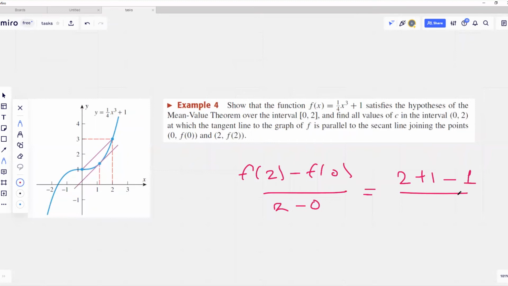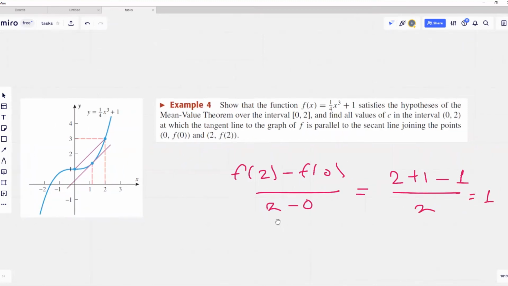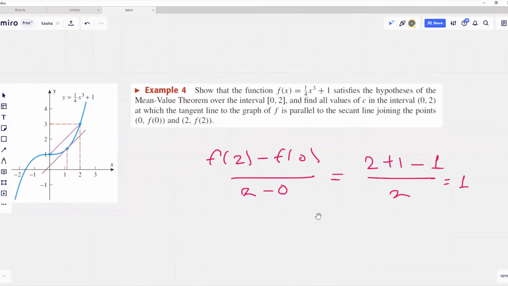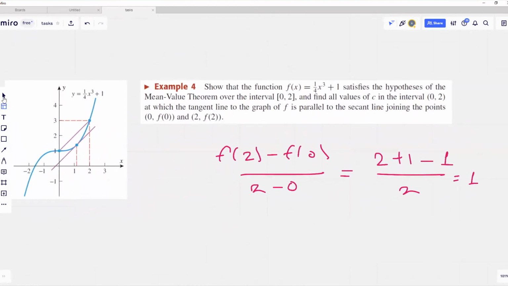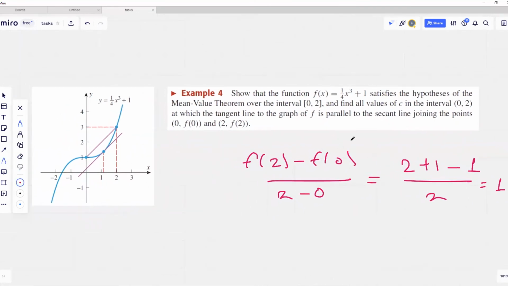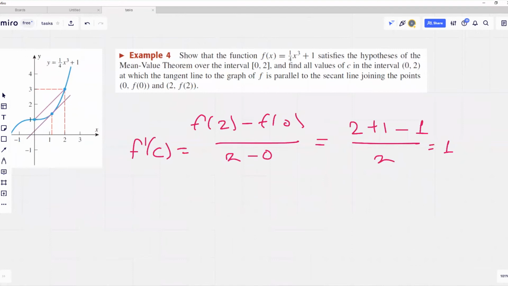So 3 minus 1 divided over 2 is equal to 1. So the slope of the secant line is equal to 1, and we need to find a point c in that open interval from 0 to 2 such that f prime at c is equal to 1.